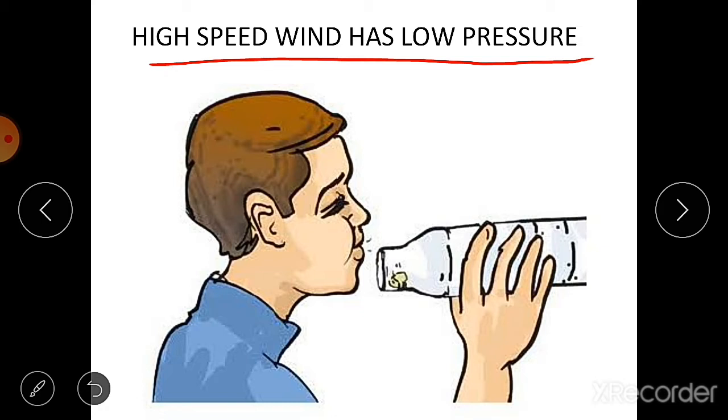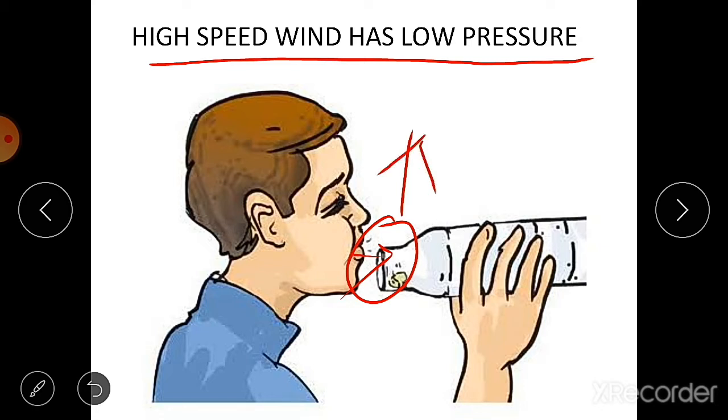As you blow air near the mouth of the bottle, the speed of air increases and the pressure decreases.